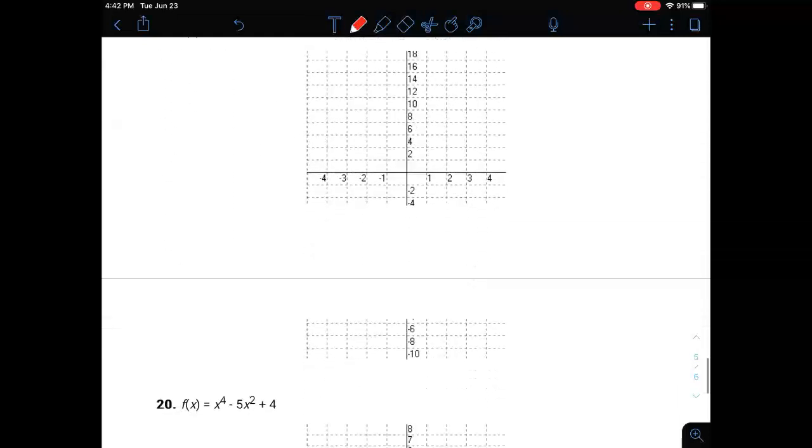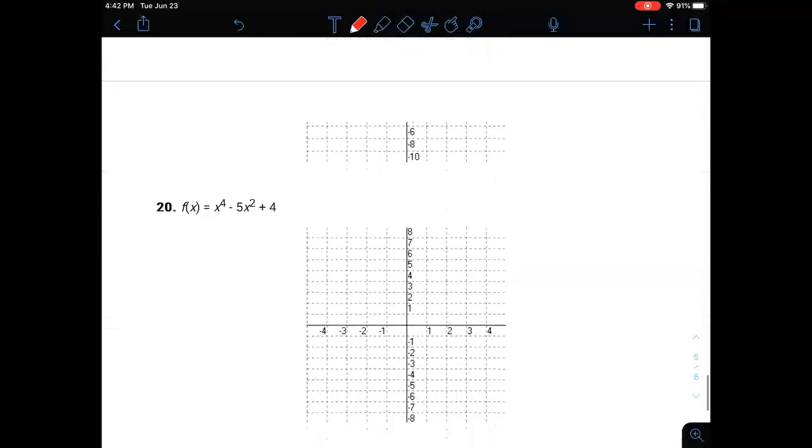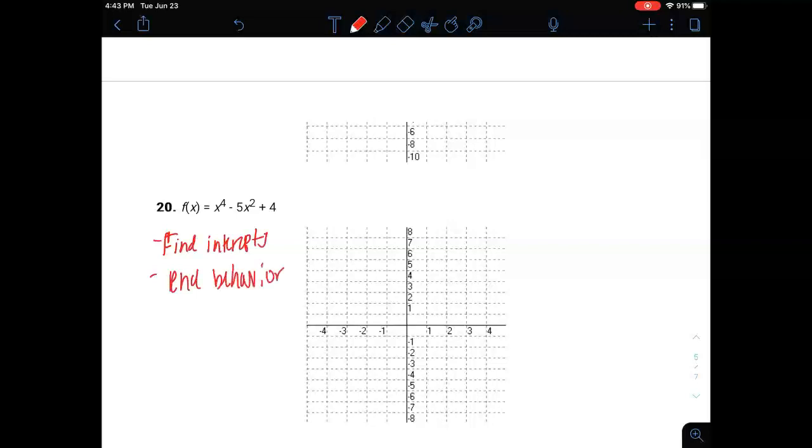And then finally here, sketching a graph of each function. I'm not going to go through that with you because I went through quite a number of examples the opposite way. All right, but again, this is all about finding your intercepts, knowing your end behavior, right? Knowing if it's going to go up or if it's going to go down.